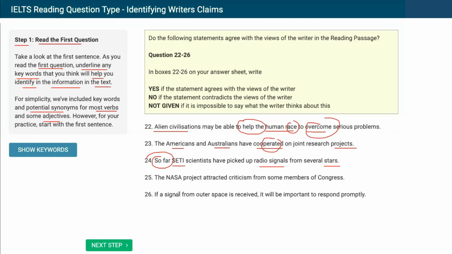And number 25, the NASA project attracted criticism from some members of Congress. Here I would underline NASA, criticism, Congress. Also, keep in mind, you have some, it is an absolute word, so you're going to have to pay attention to that. And for synonyms, I would say the NASA project, instead of attracted, maybe drew or garnered criticism, okay?